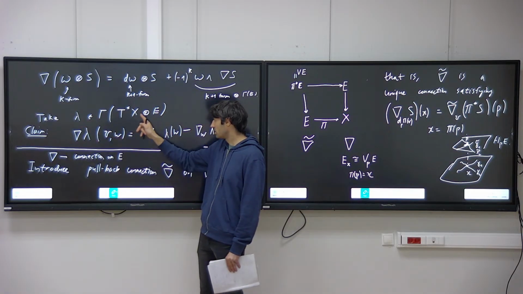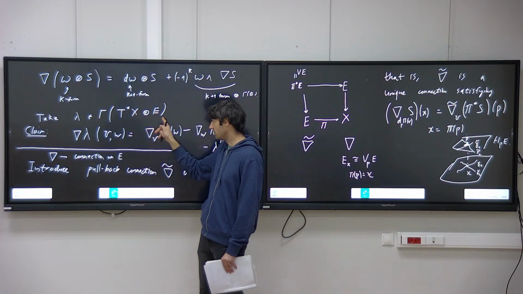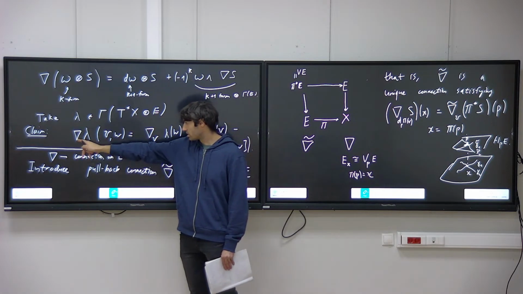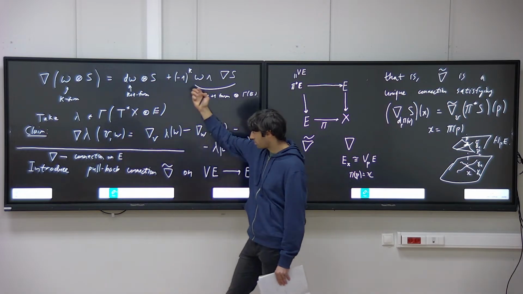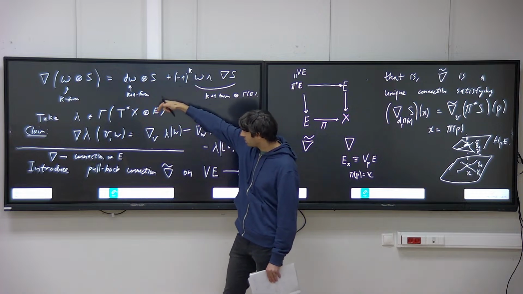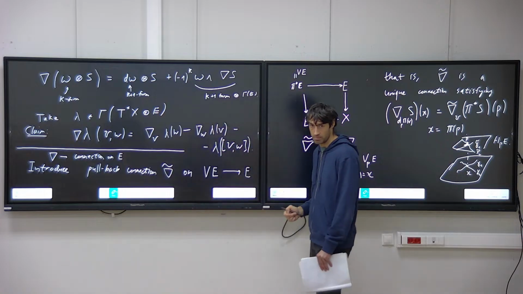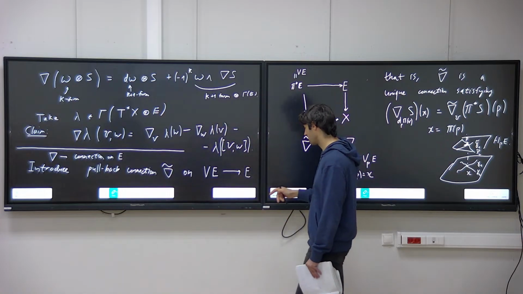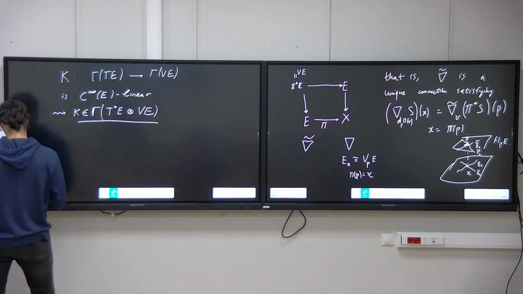My E is VE, X is E, so I have T star E tensor VE. And so I'm applying nabla tilde. So in this relation, I take nabla to be nabla tilde, E to be VE, X to be E, and lambda to be K. And then I get the following.